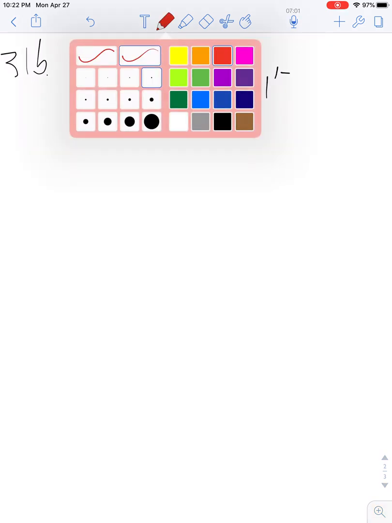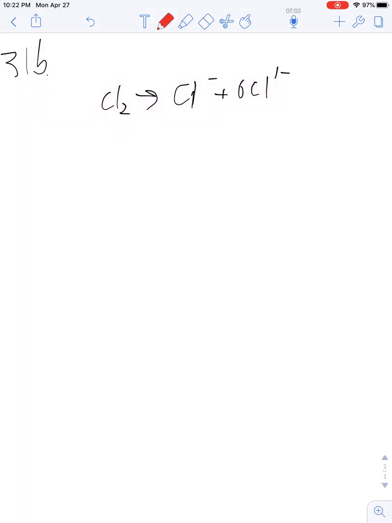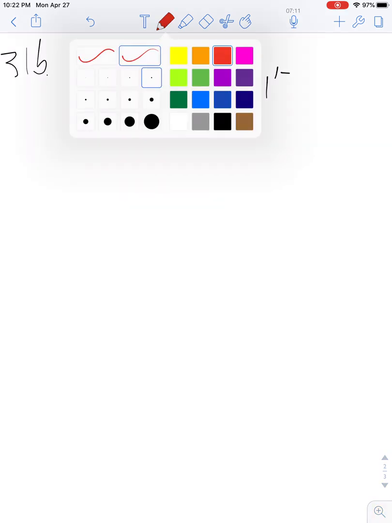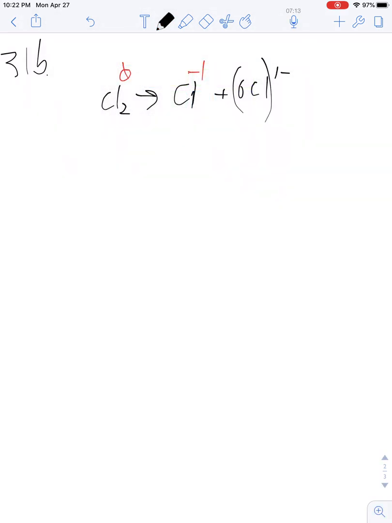So we've got chlorine gas becoming chloride plus OCl 1 minus. So ions have the same oxidation as their charge. Elements are 0. And I've got a chlorine here.